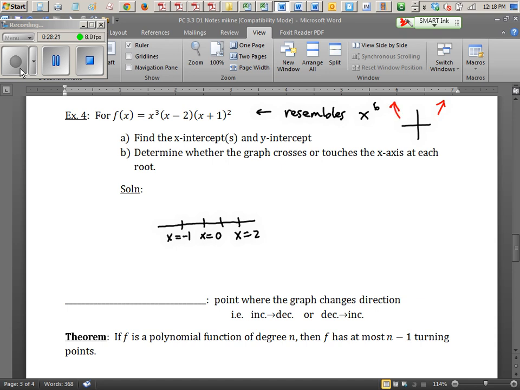We know that x squared, x to the 4th, x to the 6th all have that basic look of an even function opening upwards. So what you would do then is assume that this is positive out here. That means above the axis.